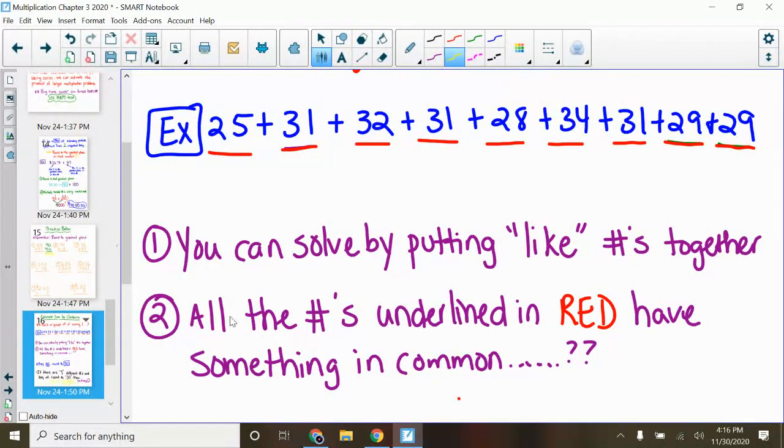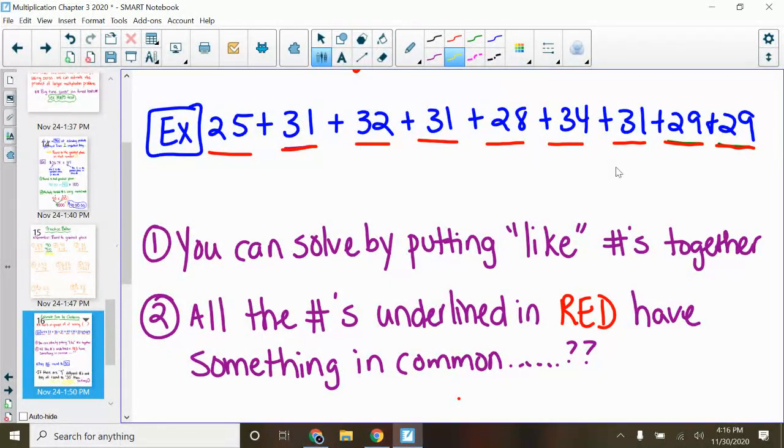So my question to you is, if all of them are underlined in red, what do they all have in common? And I'm going to show you the answer, but I want you to work your brain and look at these for a minute and see if you can figure out what it is that they all have in common. And some of you are going to notice, well, there's a 31 here and a 31 here and a 31 here.